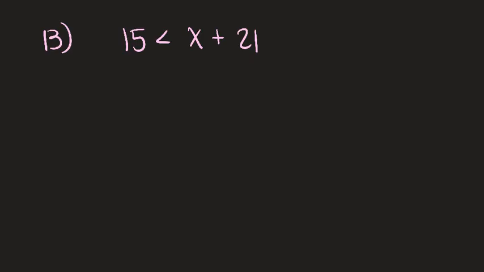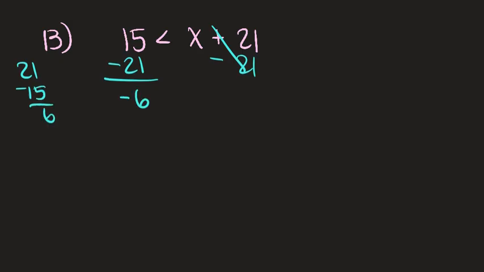Your next inequality to solve is this one. This one is a little tricky because I put the X on the wrong side. Type in your answer. All right, so when we solve this one, we're going to do minus 21, cross out, what's my answer? 21 minus 15 is 6, but it's negative.